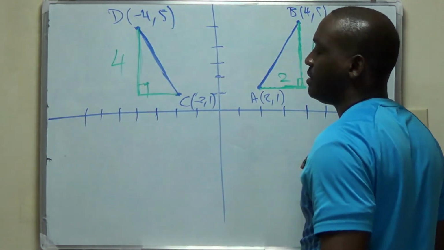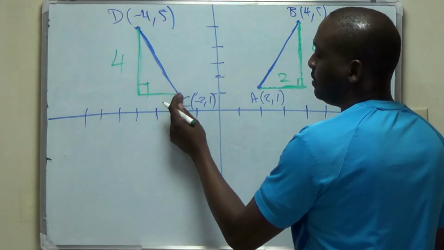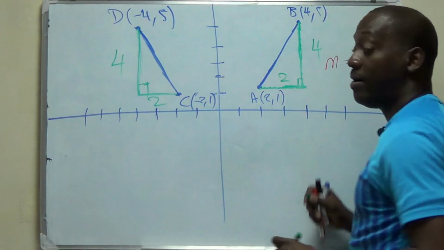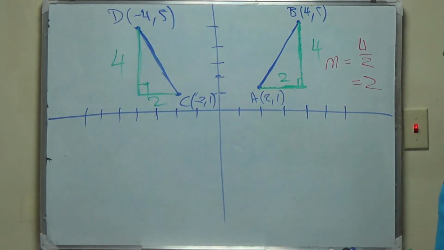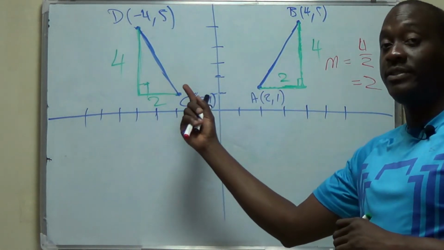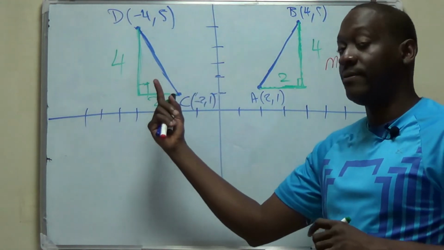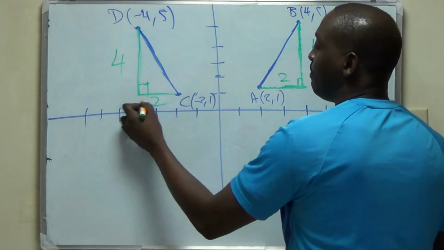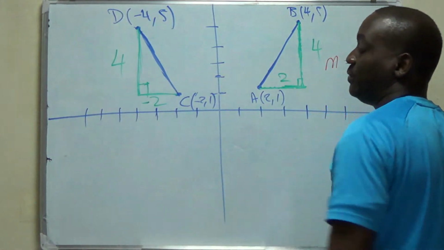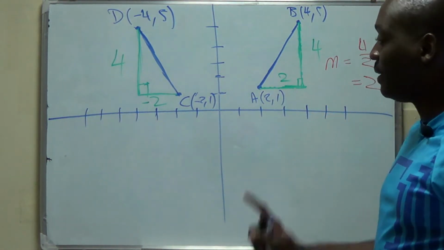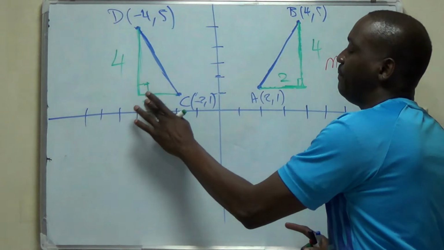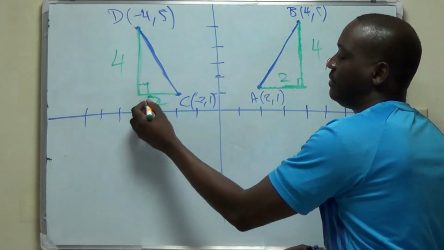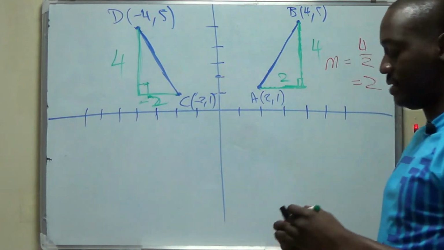Your vertical distance is 4, horizontal distance here to here is 1, here to here is 2. However, remembering that in this case your horizontal movement is going to the left, what we could do is actually express this as minus 2. We could do that, but I wouldn't do that for now. But that is essentially what it is. In fact, I'll leave it as minus 2.